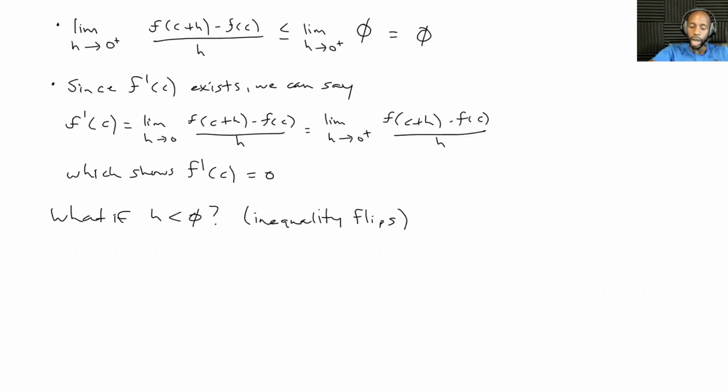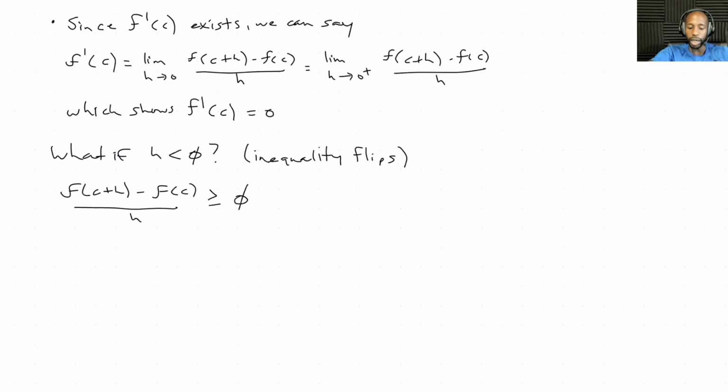So it's going to be f of c plus h minus f of c over h is going to be greater than or equal to 0. This is in contrast to less than or equal to 0 in the previous example. Because again, the h that we're dividing by is less than 0. Okay.